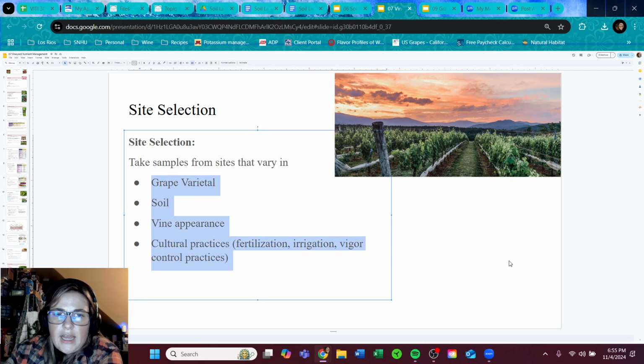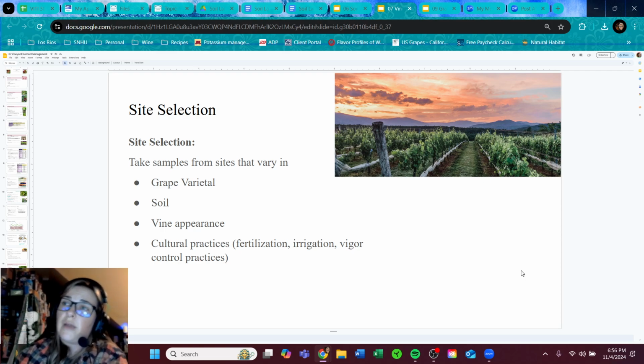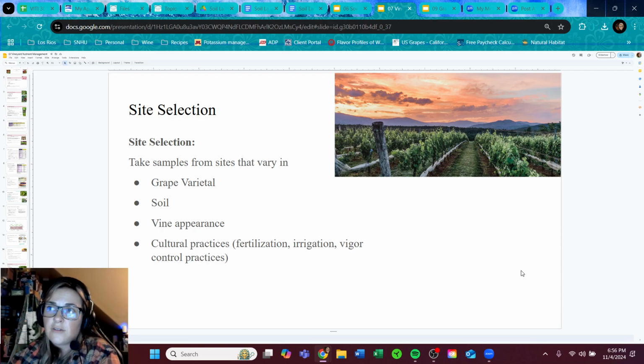If I had a hypothetical question: a friend of yours owns a vineyard and they have an outbreak of something in their vineyard they're not quite sure of and they want to take samples, what would you recommend? How would you recommend they take those samples? Make sure, if it's just one variety or all varieties affected, that they take samples in different soil areas.